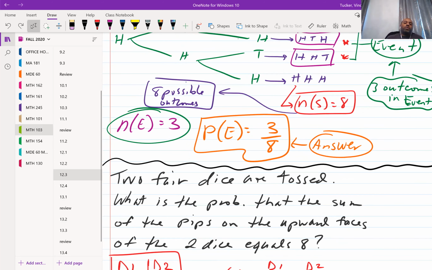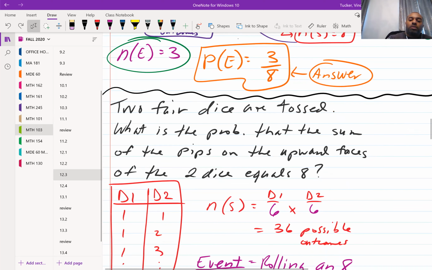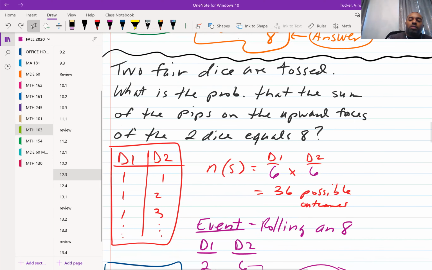All right, so next one, two fair dice are tossed. What is the probability that the sum of the pips on the upward faces of the two dice equals 8? So the pips are the dots that are on the die or the dice. All right.